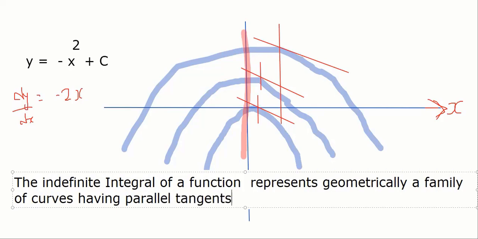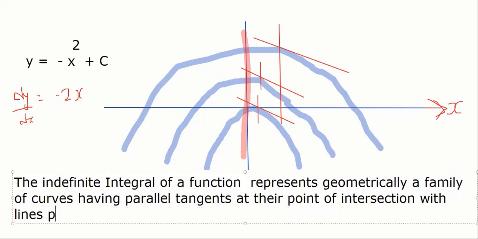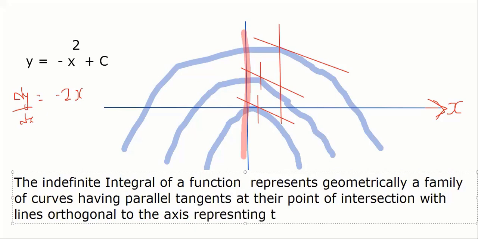The main word is parallel tangents at their point of intersection with lines orthogonal. Orthogonal means perpendicular, correct? Orthogonal to the axis representing the variable of integration. That is the meaning I am trying to say.